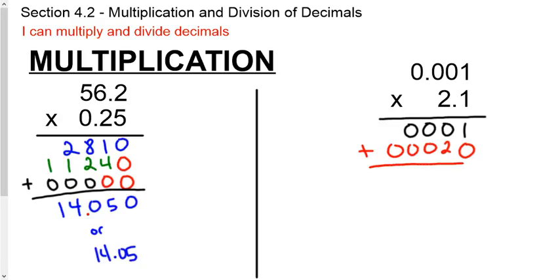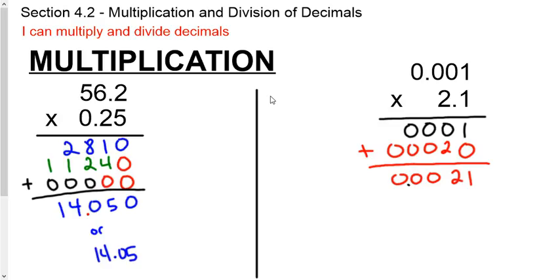Add everything up. And then count up how many decimal places you have here. Let's see, there's 3 on top, 1 on bottom, so that's a total of 4. So 1, 2, 3, 4. So there's our answer, 0.0021.